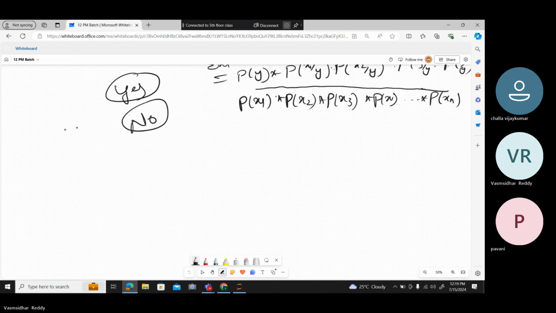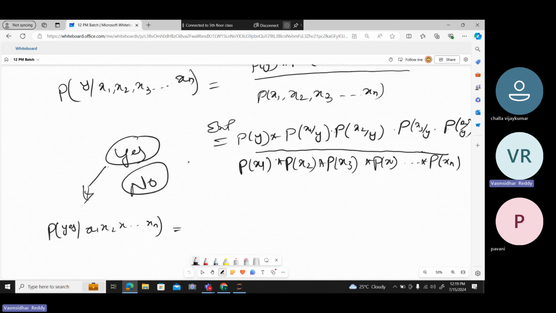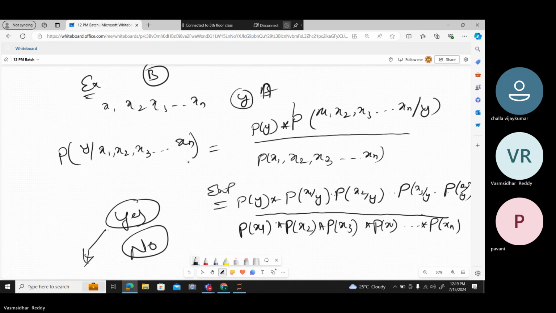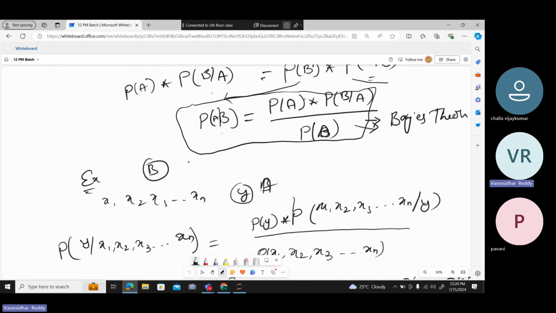Let me show you how. First apply for the yes: P of yes given x1, x2, x3 and so on xn. This is the formula P of y. What is the A value?